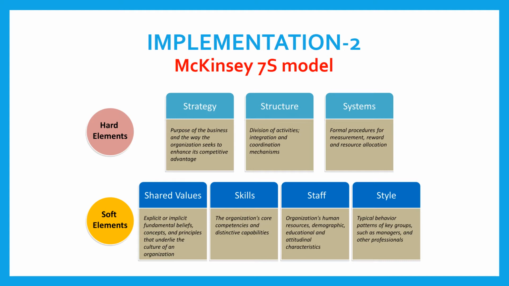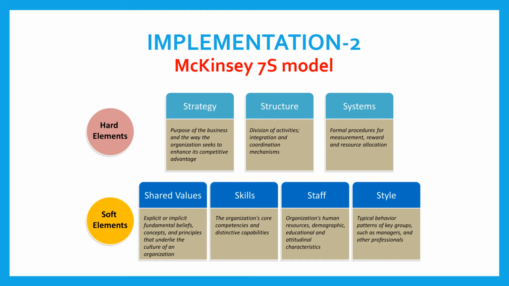These elements have been divided into hard and soft, and they help in better implementation of the formulated plans and strategies. In international business, it is more complicated and difficult to control them. The 7 elements have been divided into 3 hard elements and 4 soft elements.